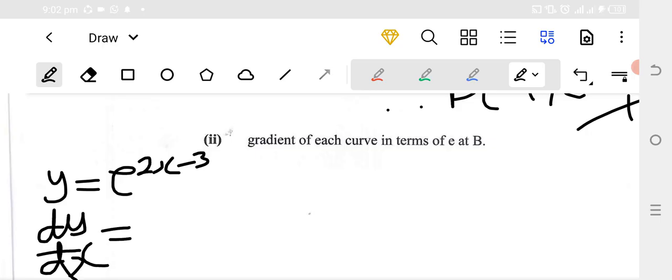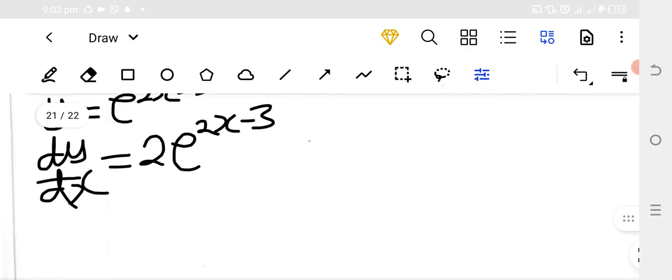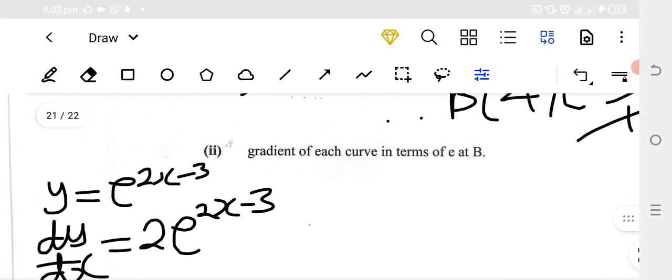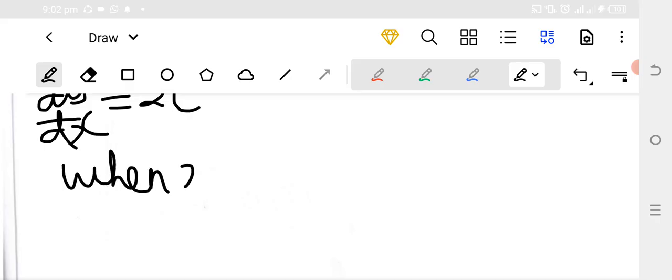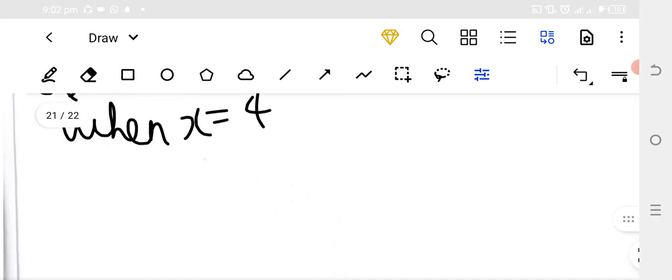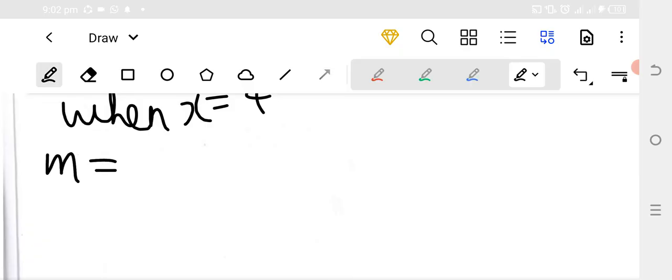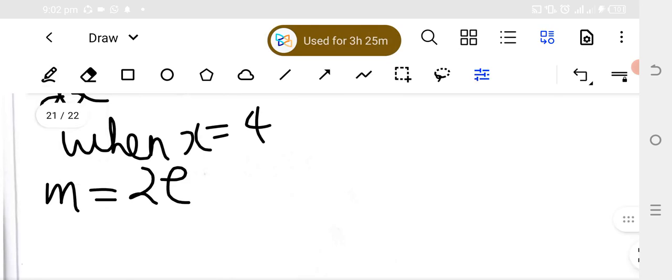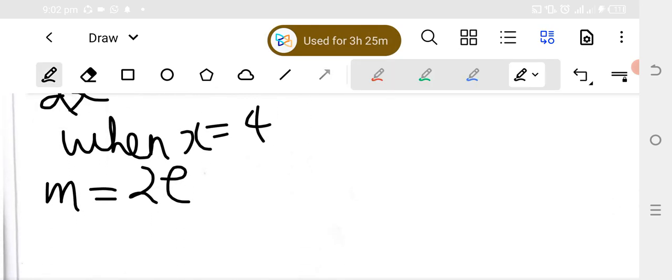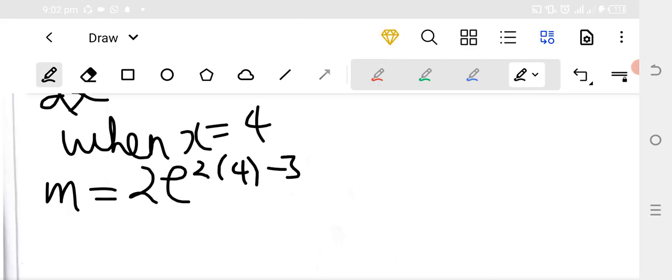So what we say is the derivative of the function on top here is 2 multiplied by e itself. That's our dy/dx. And then they said at B, so when x is equal to 4, the gradient, which is m, is equal to 2e to the power 2 multiplied by 4 minus 3, right?